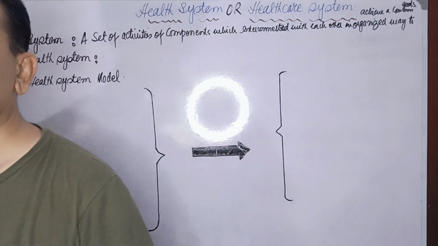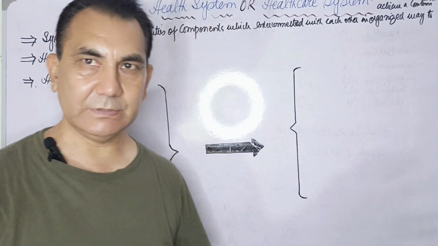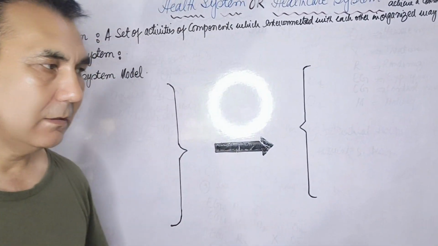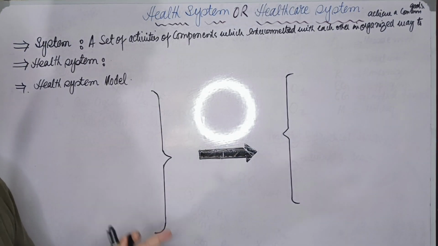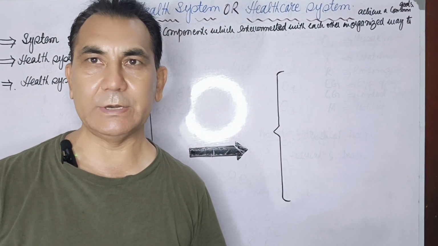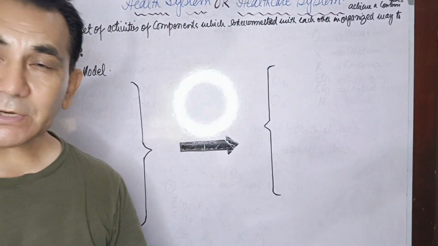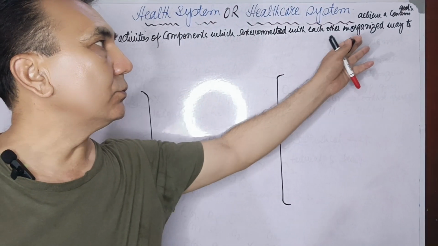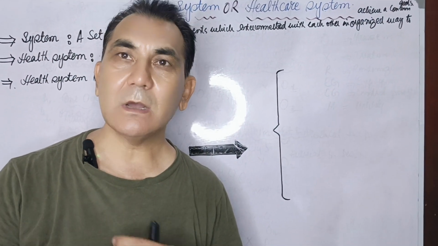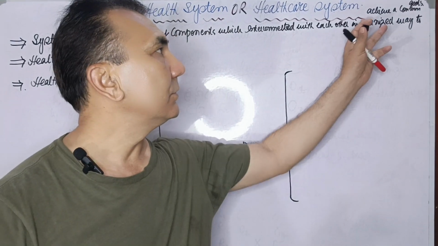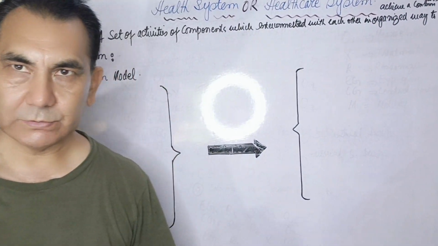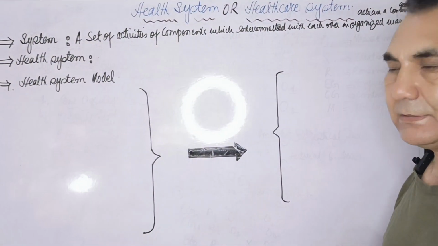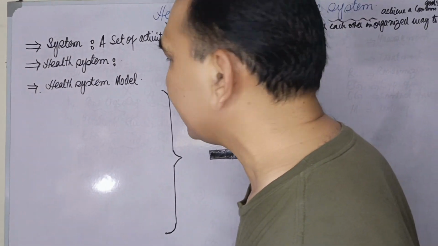This is the standard definition of a system. It is a set of activities or different components which are interconnected with each other and work in an organized way to achieve a common goal. You can apply this definition in any discipline.